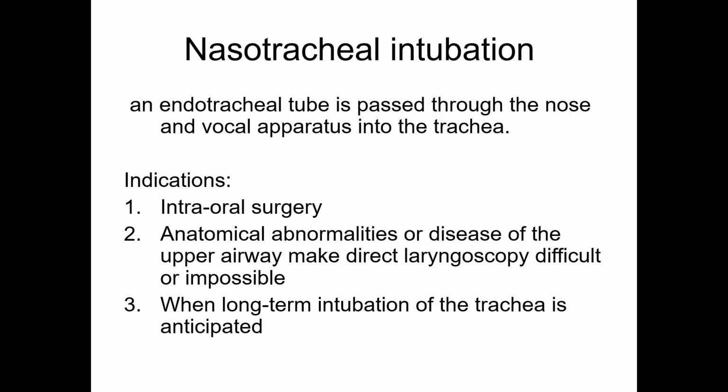We cannot do oral tracheal intubation, so we do blind nasotracheal intubation. Also when long-term intubation of the trachea is anticipated, when the patient is in the ICU. We try to keep the ICU patient on oral tracheal intubation for 1 week. Then, if needed for more than 1 week, we go to nasotracheal intubation. Or from the start, if we expect this patient to stay in the ICU more than 1 week, we go immediately to nasotracheal intubation.